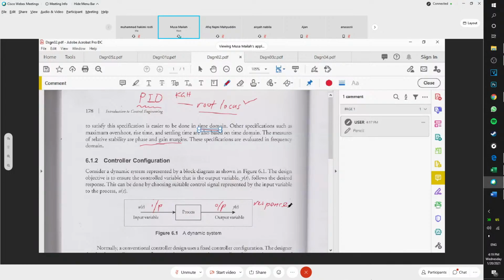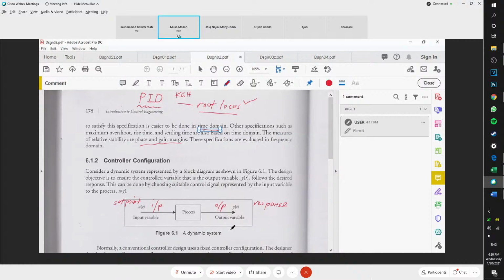For the input, sometimes it is called set point. Sometimes it is called desired value. Sometimes it is called prescribed value, right? So those are what we call input or set point.